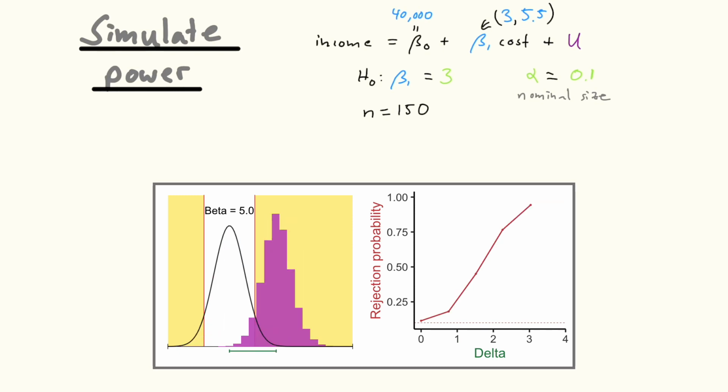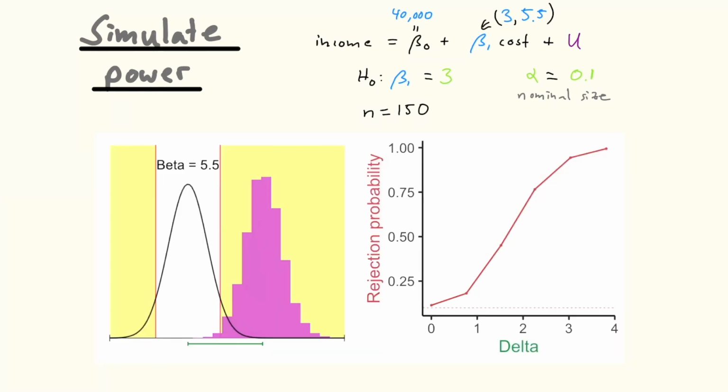If beta 1 is larger than the hypothesized value, then the center of the distribution moves to the right. This means large values of the t-statistic become more likely, and small values of the t-statistic become less likely. As a result, we are moving a lot of probability mass to the right of the critical value, that is into the region that is here shaded in yellow. As a result, rejection becomes more likely.